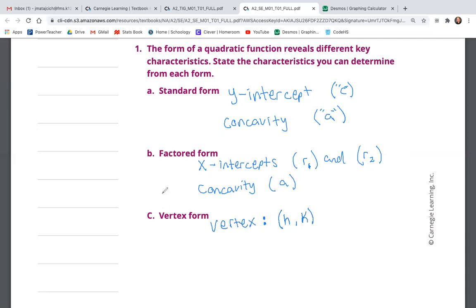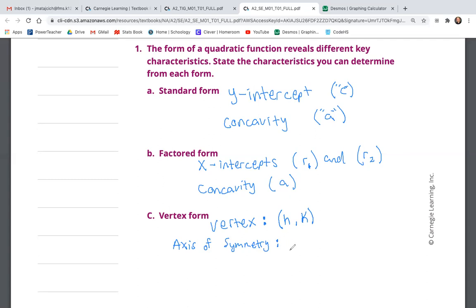So hey, if you don't remember, the axis of symmetry, it's another easy thing to find when a function is in vertex form because the axis of symmetry always passes through the vertex. And which part of the vertex does it pass through? It passes through the vertex's x value.